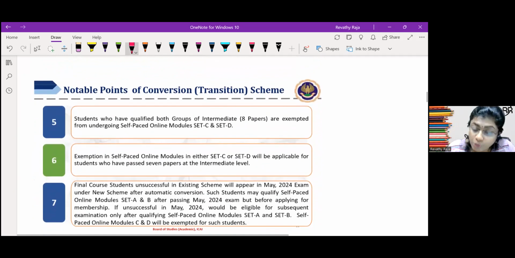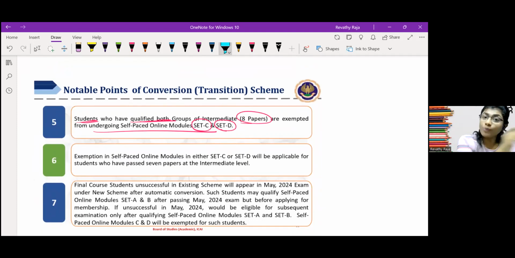The second point is, those students who have qualified both the groups of intermediate, 8 papers, are exempted from going through the self-paced online module of set C and set D. Those students who have qualified the existing inter syllabus, both the groups, are exempted from undergoing set C and set D. Meaning, assume in November 2023 we have passed intermediate both the groups.